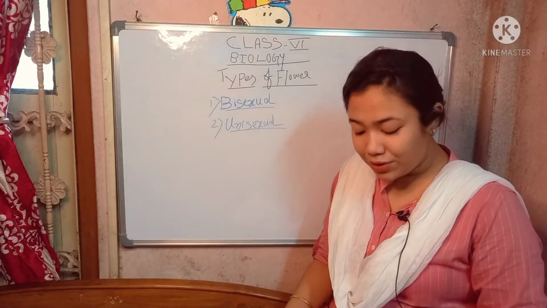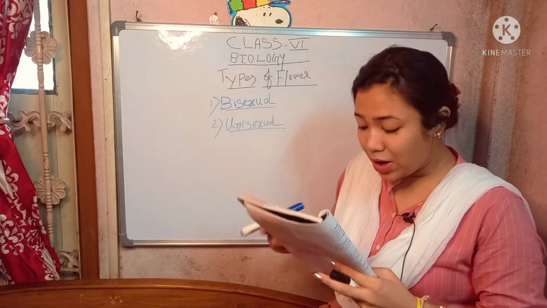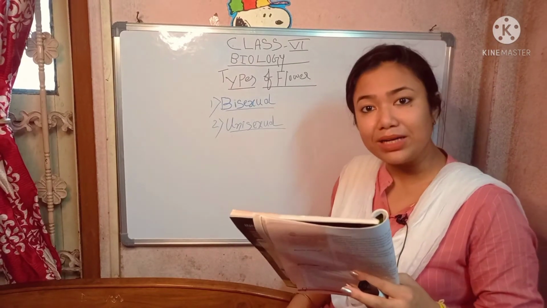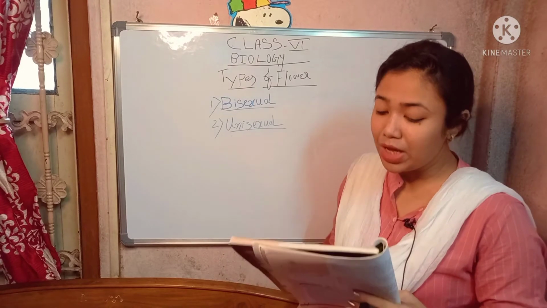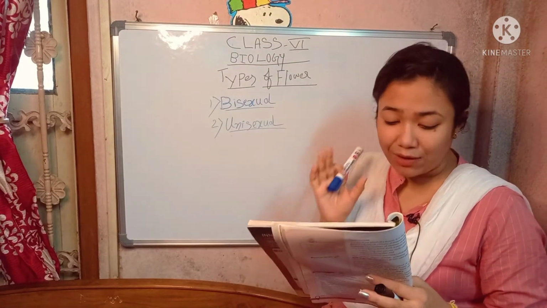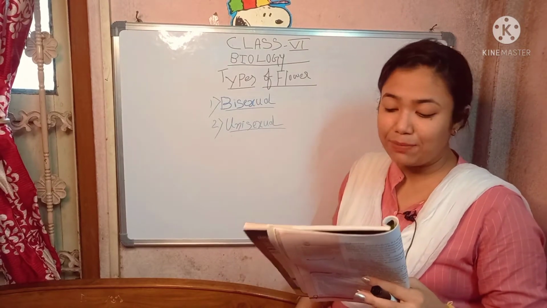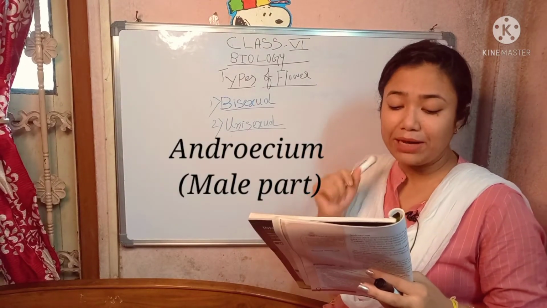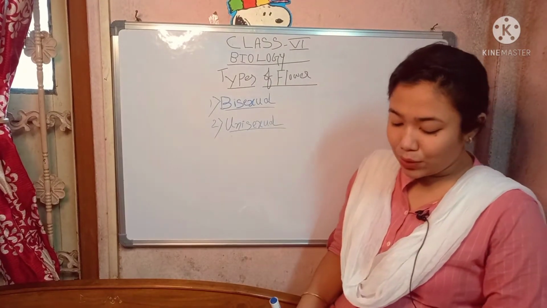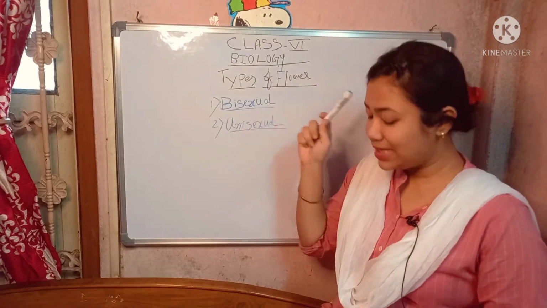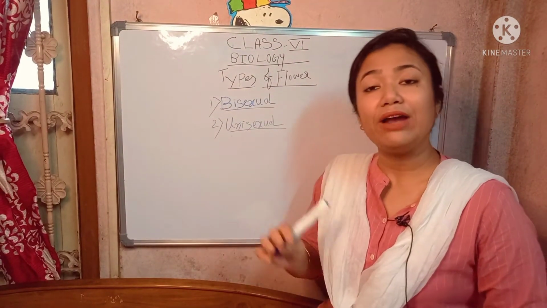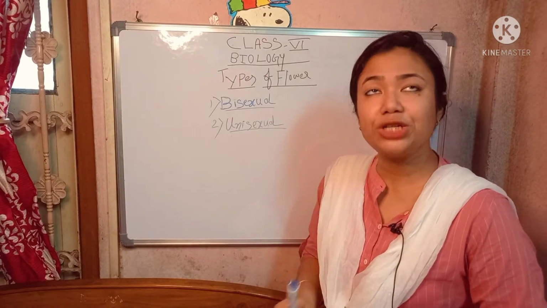What is bisexual flower? Which possesses both the male part, that means androecium, and female part, that means gynoecium. We have already discussed that flower has two parts, male part and female part. Male part is androecium and female part is gynoecium. So, in the case of bisexual flower, we can see they have both androecium and gynoecium.